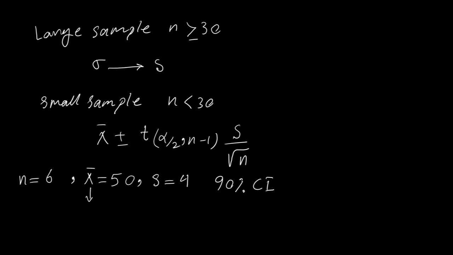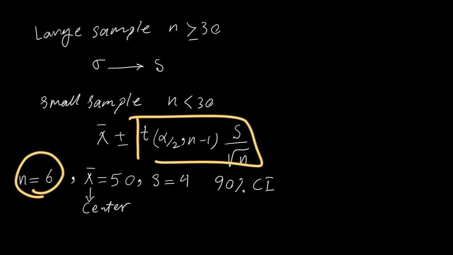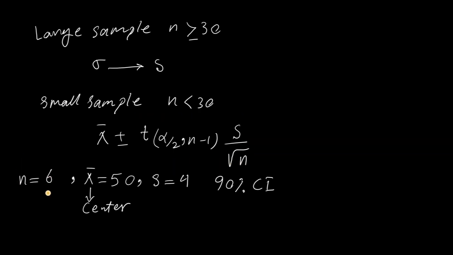So the center is given. Then I'm looking for the margin of error, and I want to use this margin of error and the t-distribution. The reason is the sample size. The sample size is 6, which is definitely less than 30.